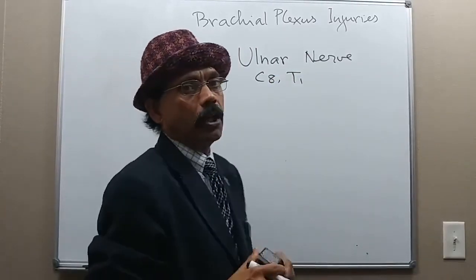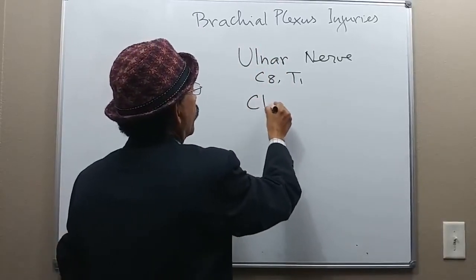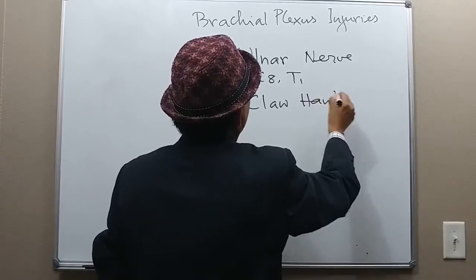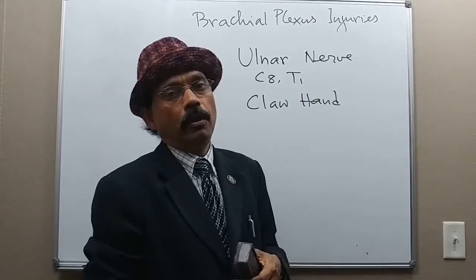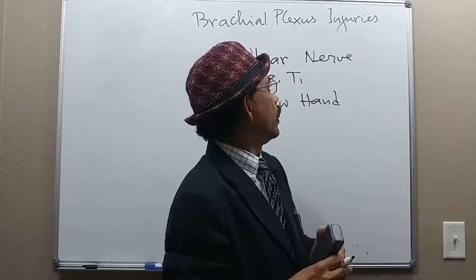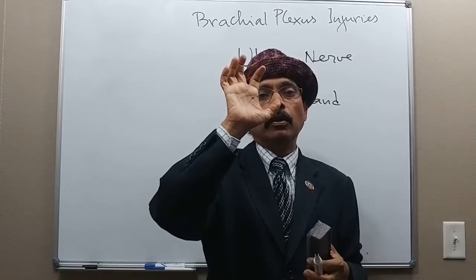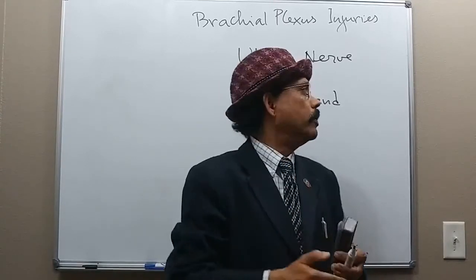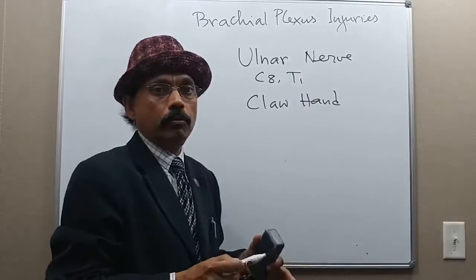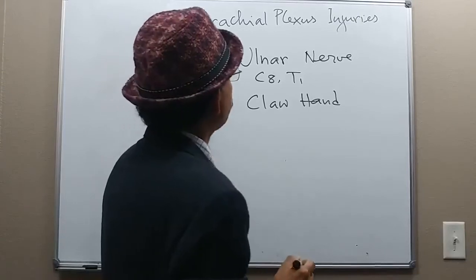So like that of Klumpke's paralysis, here we also get claw hand. So claw hand is a feature of lower trunk lesion and also ulnar nerve lesion. So the person has claw hand due to ulnar nerve palsy, or maybe due to lower trunk palsy or Klumpke's palsy.